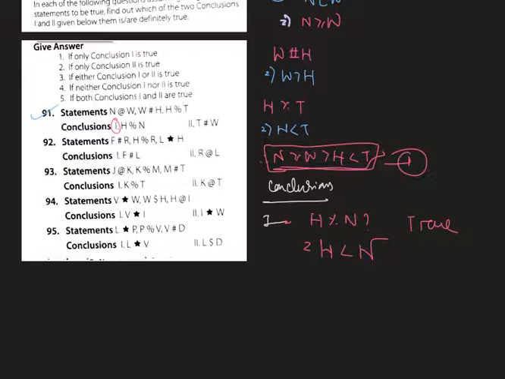Now let's check the next conclusion. T hashtag W means T is strictly greater than W, but as we can see from the inequality 1 that T is greater than W is false.